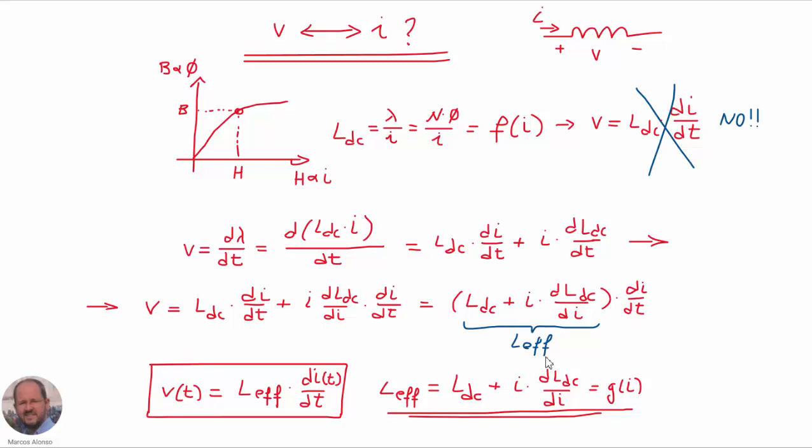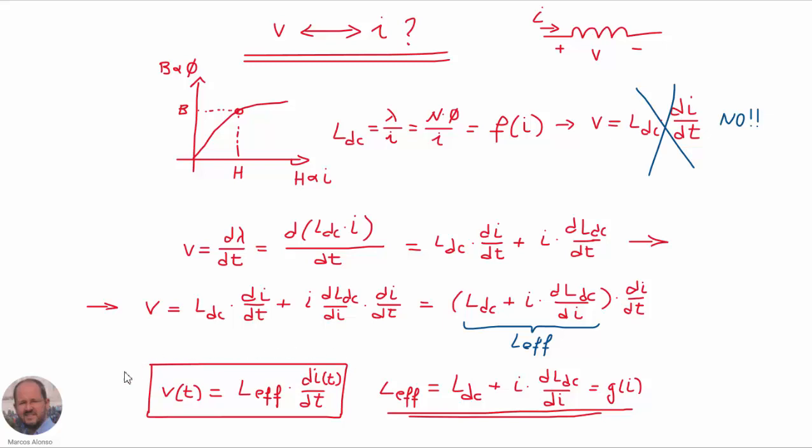So we can see that the effective inductance, as we are showing here, is the value of L_DC as defined in this previous equation, plus the current times the derivative of the DC inductance with respect to the current, which is also a function of the current circulating through the inductor.